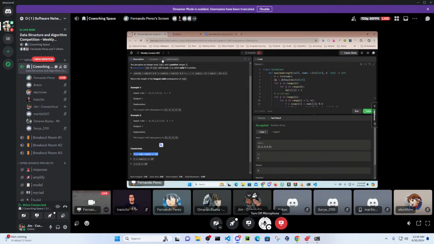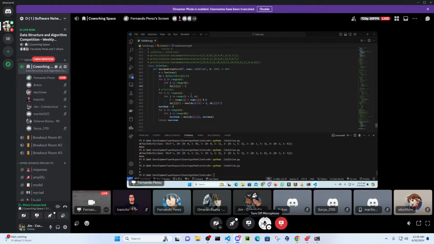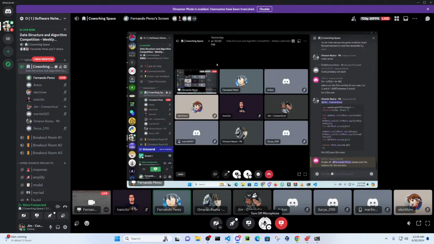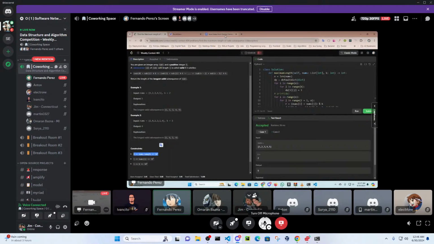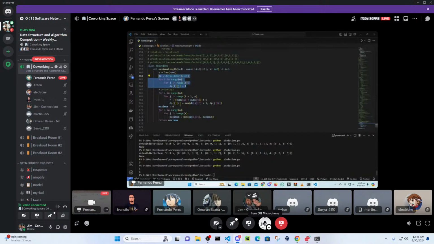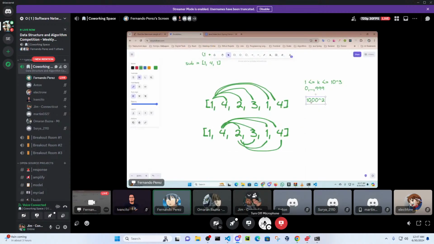So I just set some default table to save the size of the subsequence, and that starts, as I mentioned before, by taking the number of elements by the maximum possible remainder for k.